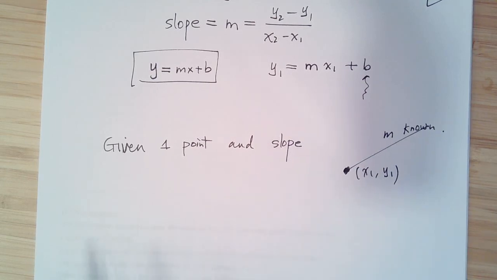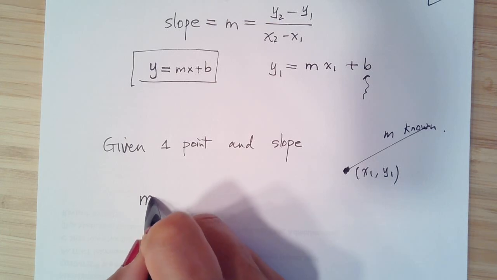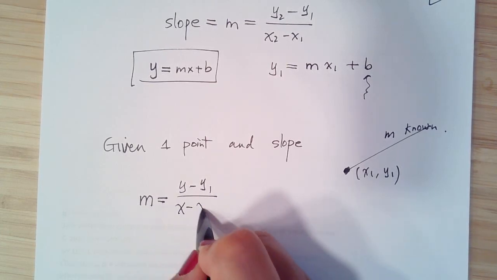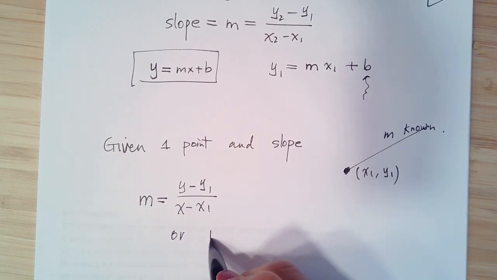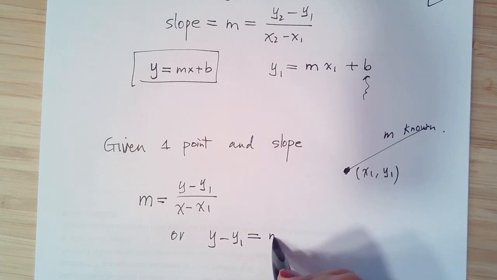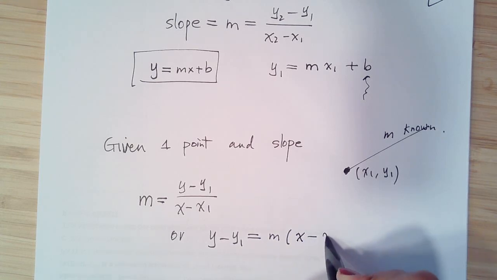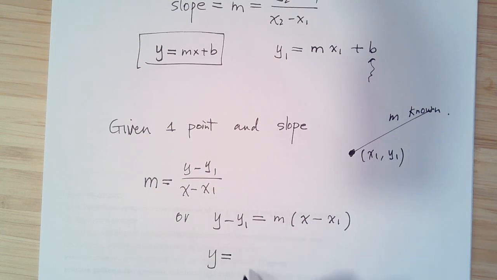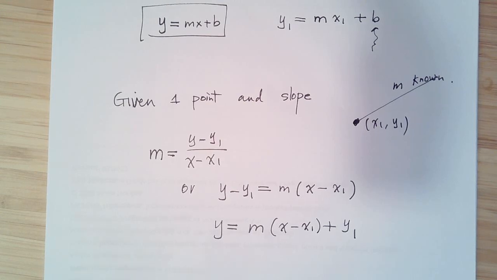All right. So you can do m equals y minus y1 over x minus x1, or y minus y1, rise over run, equals m times x minus x1, and then you bring y1 to the other side, so your y equals, distribute this, or you can just keep it, m times x minus x1, then plus y1, and then once you know x1, y1, and m, you just plug that in and you can get the equation.